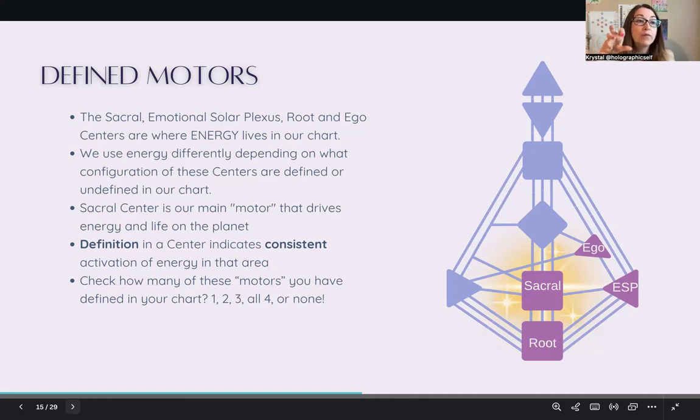So any of these four motors provide the energy and the drive and the flow and the right timing of action in our chart. Think of it kind of like there's almost a pressure to do, right? Energy to do, ability to do. That's what the motor centers provide in our chart. However, in order to create and make something happen with that energy, the motors have to have an energetic flow outward, right?